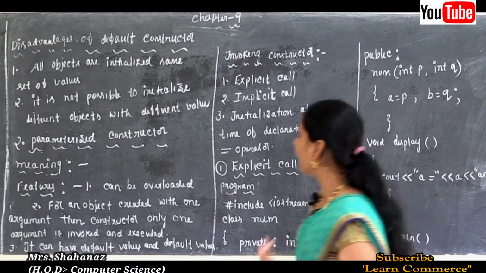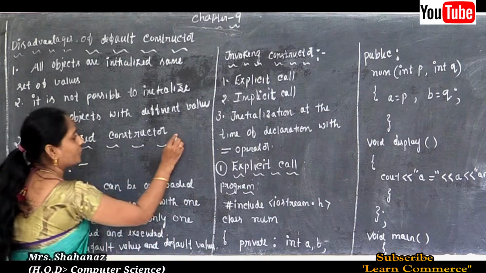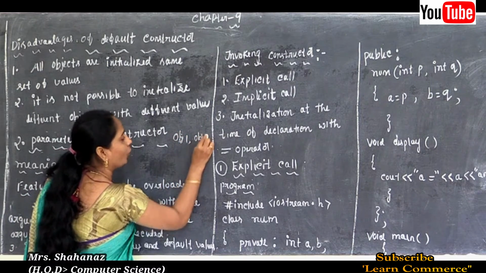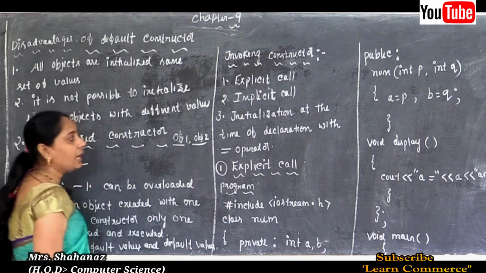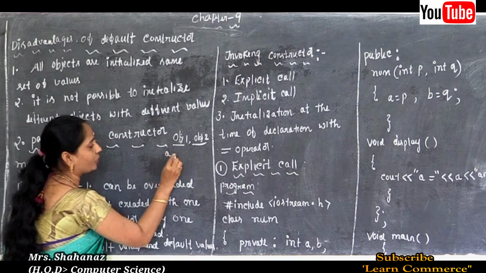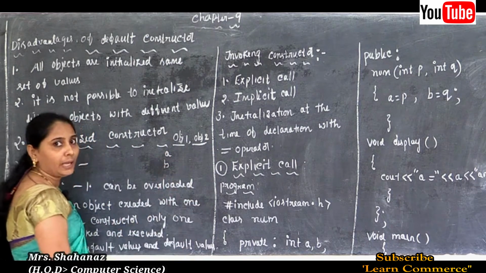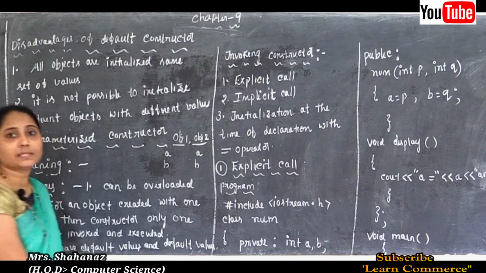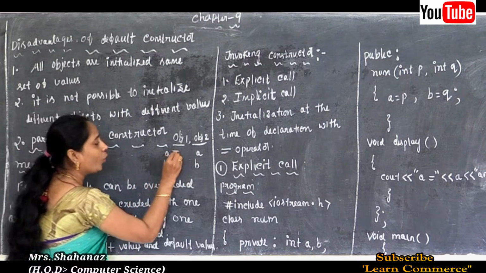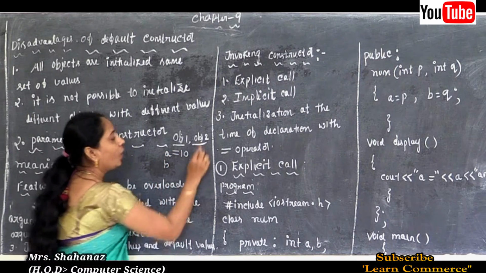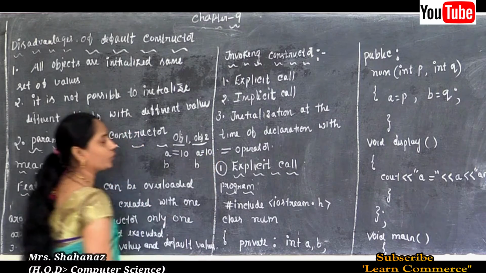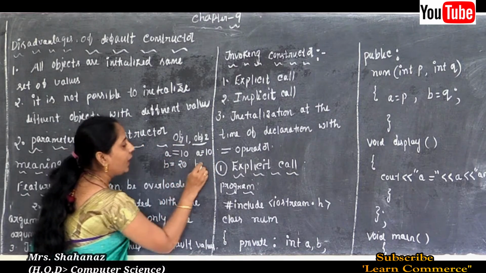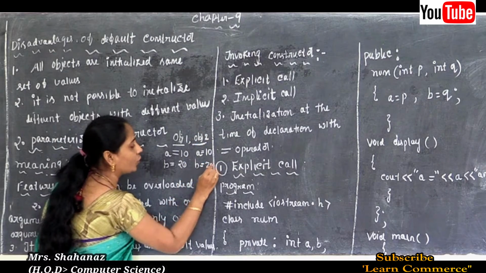For example, take obj1 and obj2. Each object has data variables a and b. So obj1 a is equal to 10, obj2 a is equal to 10, and obj1 b is equal to 20 and obj2 b is equal to 20.